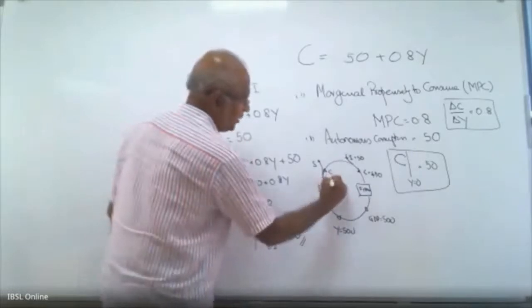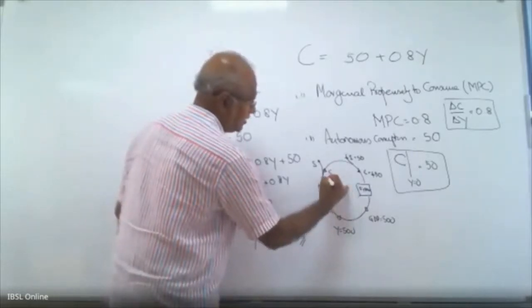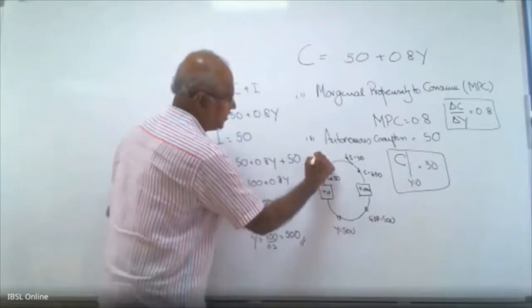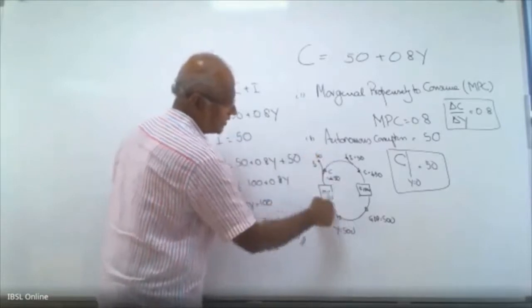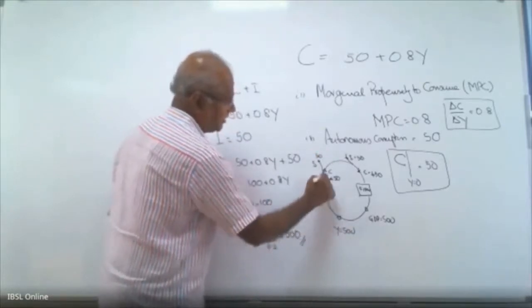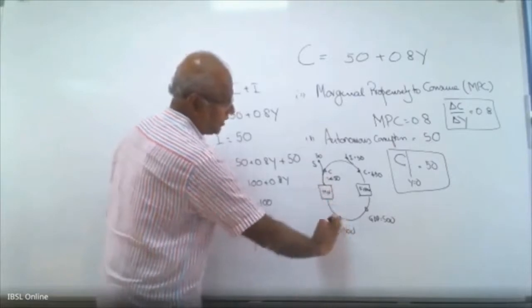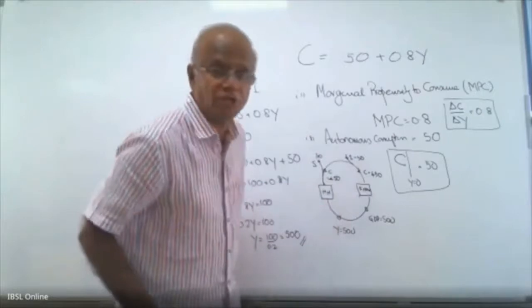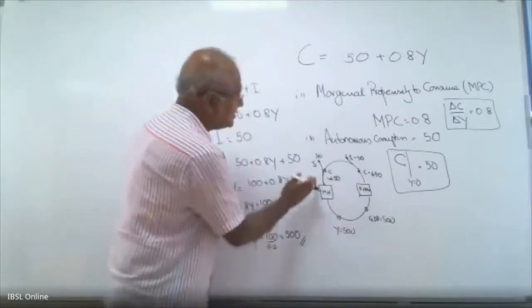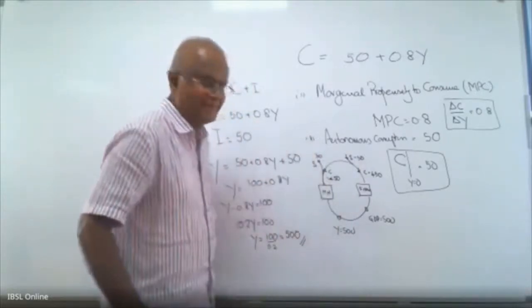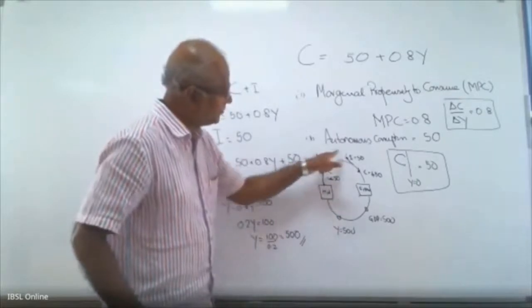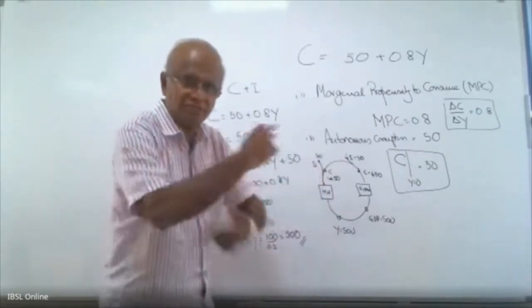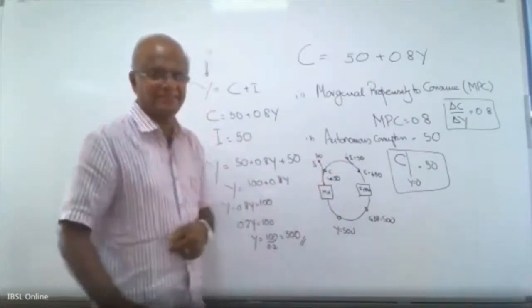Consumption 450, savings 50. Out of this 500, people spend 450 on consumption goods. The balance is saved, 50. Investment equals savings, 50-50. That's how this model works. Understand?